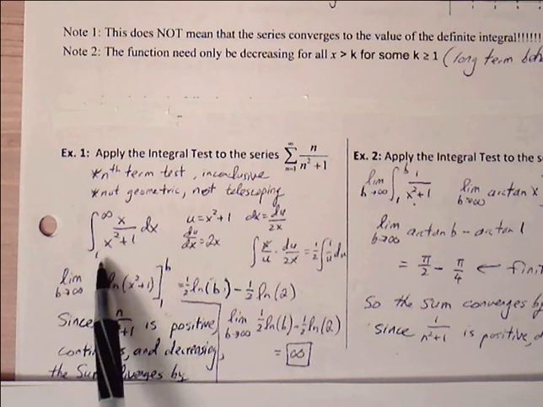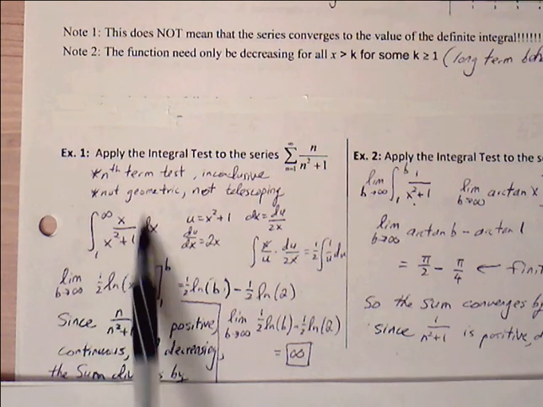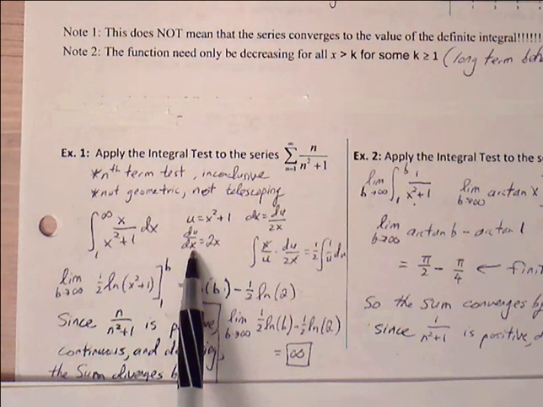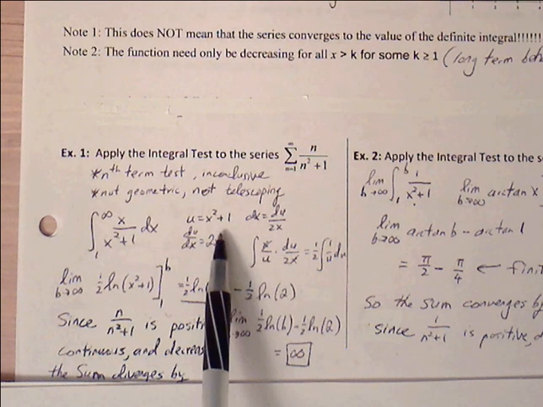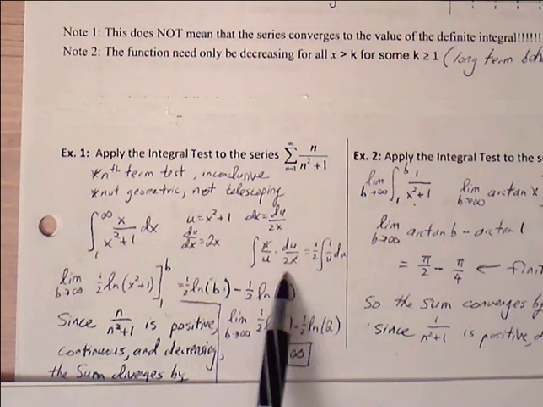So the integral of x over x squared plus 1 from 1 to infinity. We can go through u substitution: let u be x squared plus 1, du over dx is 2x, so dx is du over 2x. We make our substitutions, and dx gets replaced with du over 2x, which cancels out with the x.